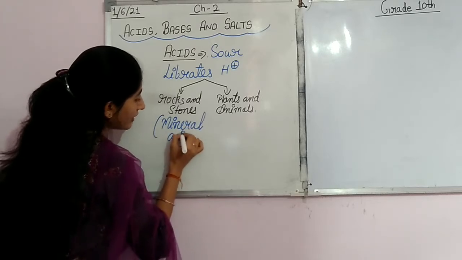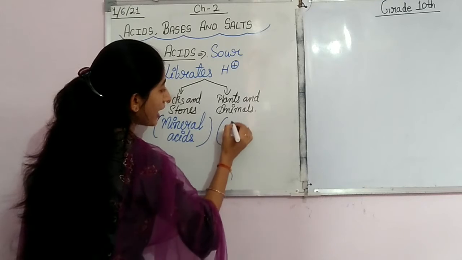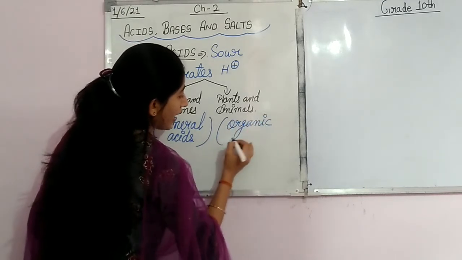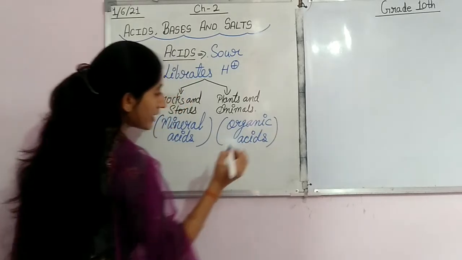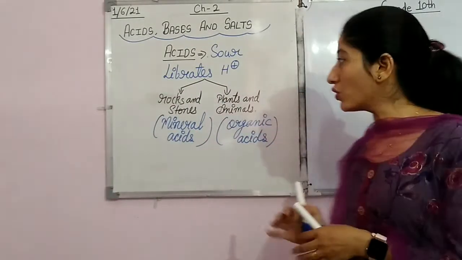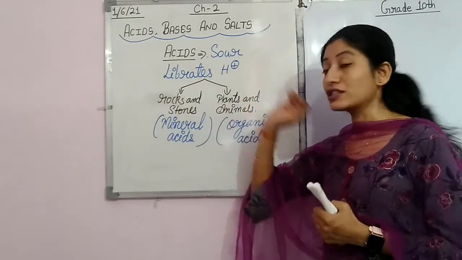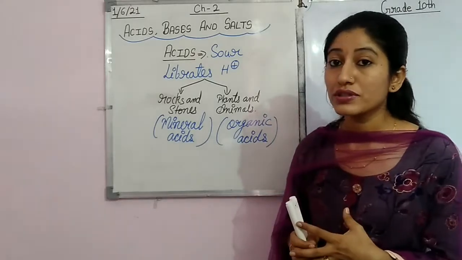And the acids that we get from the plants and animals are called the organic acids. So acids are sour in taste. They liberate H positive ion. Acids we get from the natural resources.